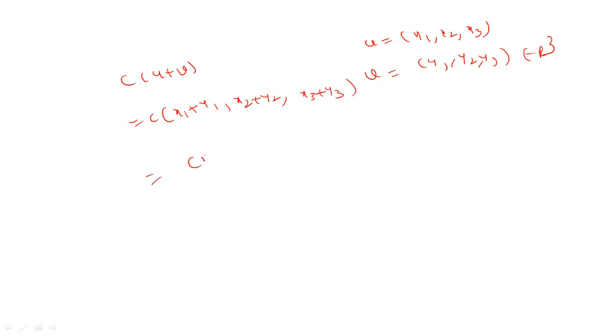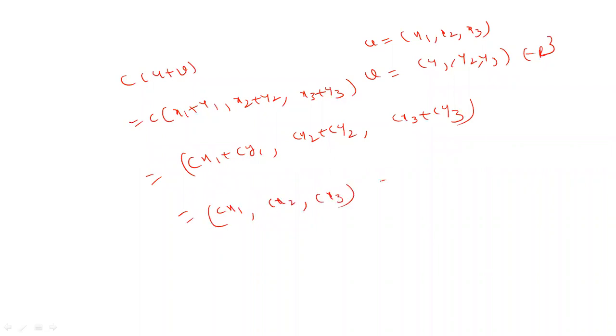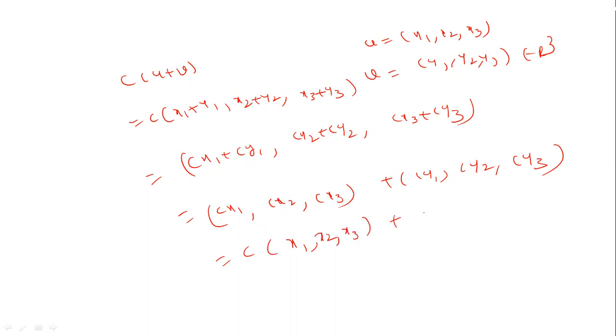That is (Cx1 plus Cy1, Cx2 plus Cy2, Cx3 plus Cy3). This can be written as (Cx1, Cx2, Cx3) plus (Cy1, Cy2, Cy3). That is written as C into (x1, x2, x3) plus C into (y1, y2, y3). That can be written as Cu plus Cv. So C into (u plus v) is equal to Cu plus Cv.